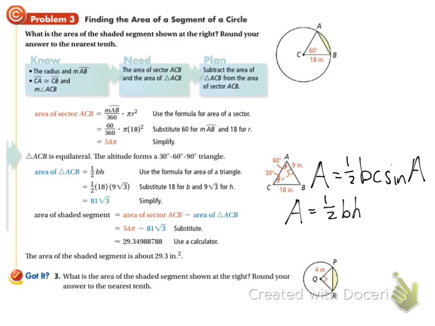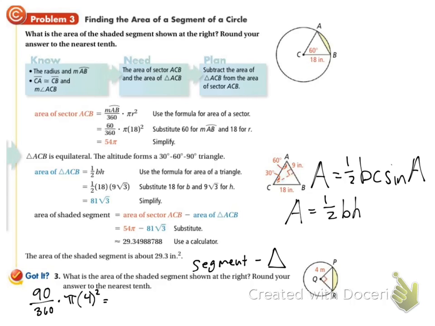So to figure this out, we need to do the area of the sector minus the area of the triangle. So it's going to be sector minus the triangle. So the area of the sector, we do the angle measure, so 90 over 360 times pi, and our radius is 4 meters, so 4 squared.